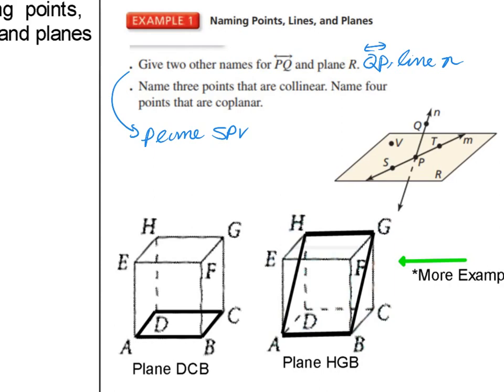What's another way I can name plane R? What about PVT, right? P and T are on the same line, but V is not. So plane PVT is another way. These are just possibilities. You don't have to list all of them. I want you to give me one more without me assisting you.